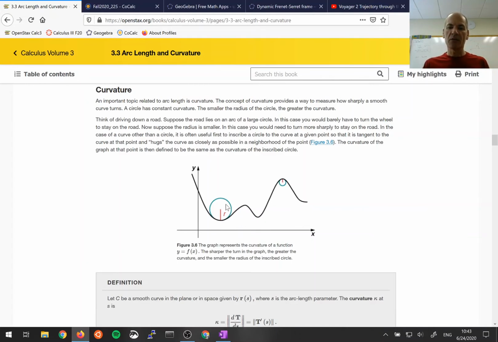And the bigger the circle that you can fit, tuck snugly into the curve at this point, the lower the curvature. Alternatively, the smaller the circle, the higher the curvature. And actually, curvature is inversely related to that little nestled-in circle. This nestled-in circle is called the osculating circle, and it has a very specific meaning, which we'll talk about in a minute.